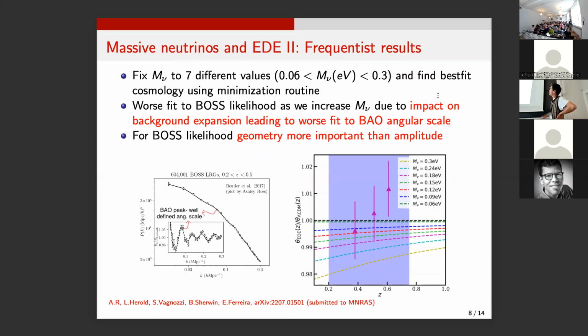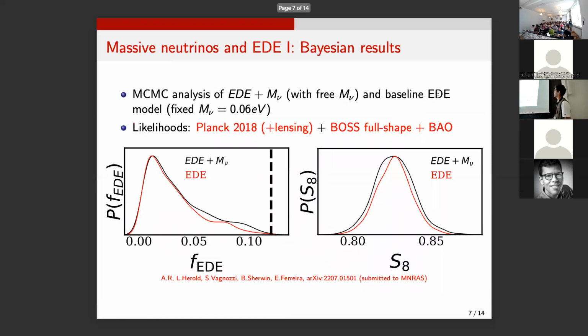So this is a frequentist analysis, so we fix neutrino mass to several values. But when we were doing our Bayesian analysis, we just allowed it as a free parameter. So it could be anything. Up to like TeV or whatever. Exactly. Okay, there's no prior on this. So you basically, no matter what the mass is, it just doesn't work. Yeah, exactly. Basically, what we've shown is that freeing up the neutrino mass doesn't help this model very much. Thank you.